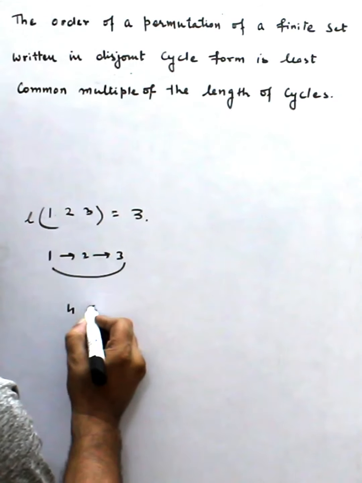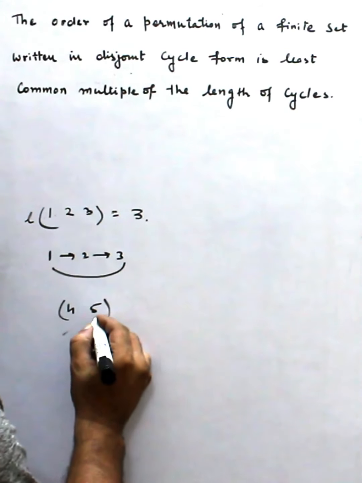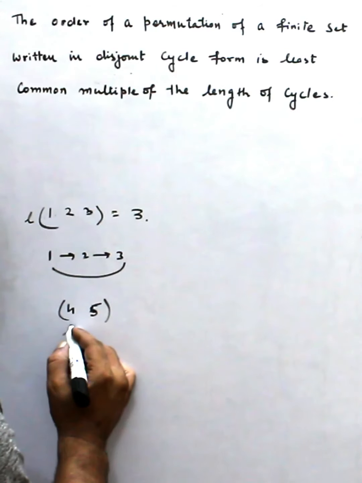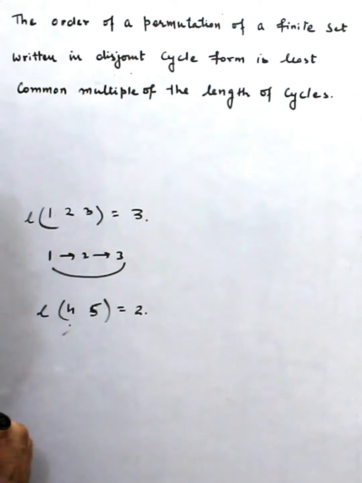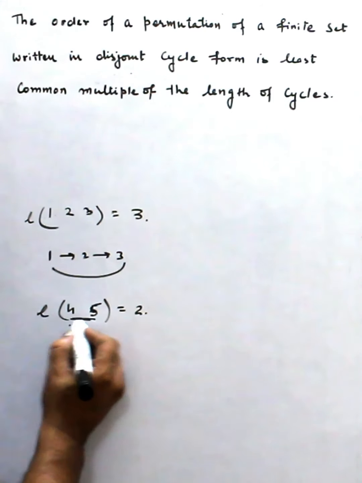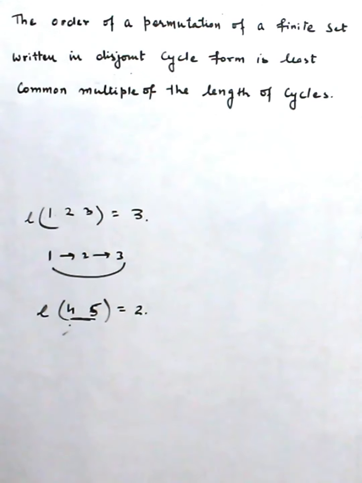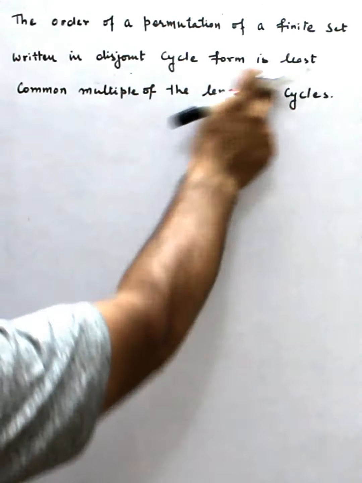Similarly, in the last example we saw 4, 5. If this is a cycle, then its length is 2. Length means the number of elements the cycle contains. So these are the length of a cycle and the LCM of the lengths. Here we are taking the case of 2 cycles.